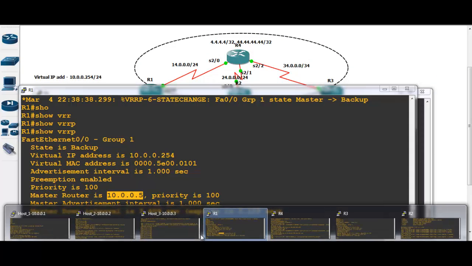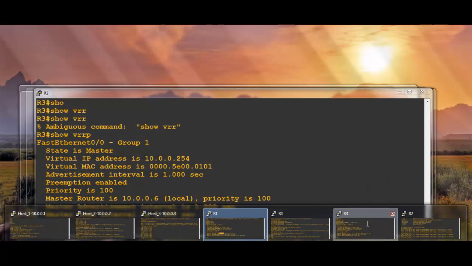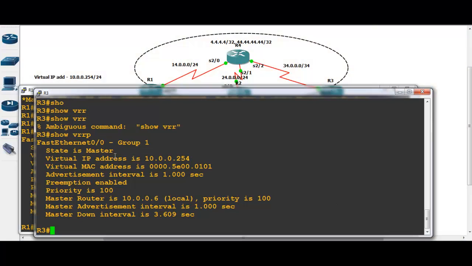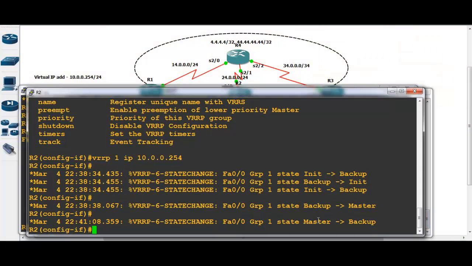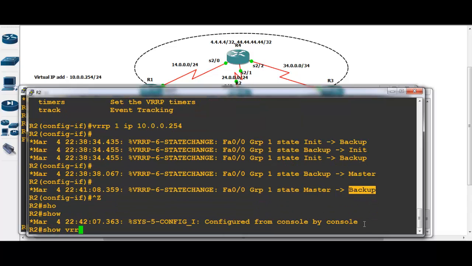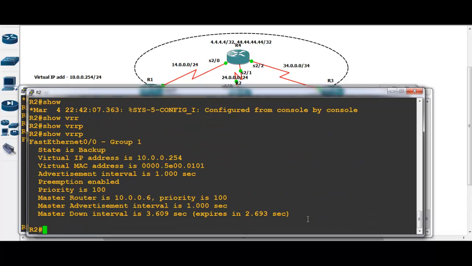So if I check on the second router, it has turned from master to backup. So this is gateway 2. Let's take it, show VRRP. And here we see that the master router is 10.0.0.6. It is not local. And the priority is 100. See the MAC address, it's the same, even on the current active device.